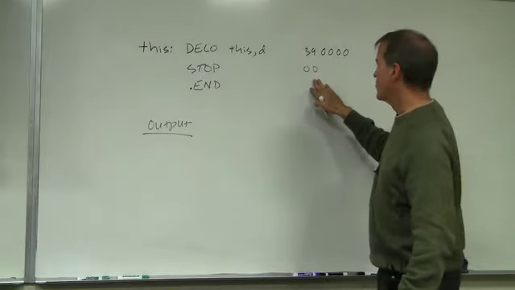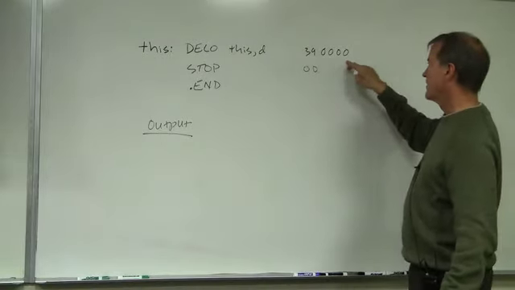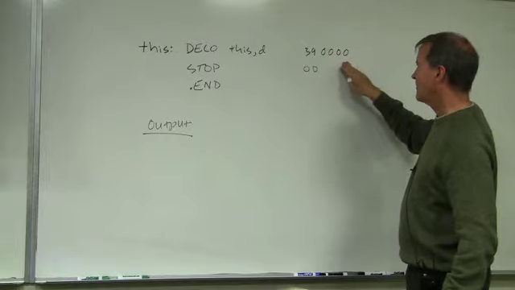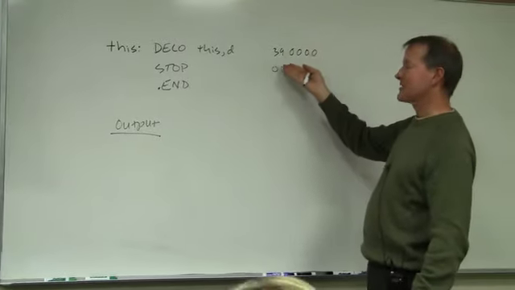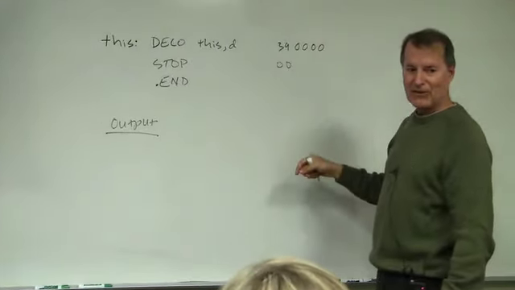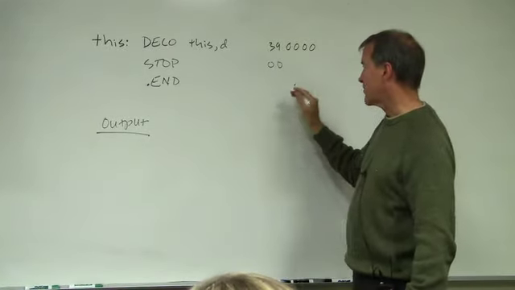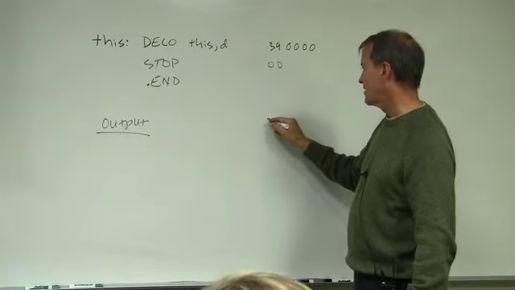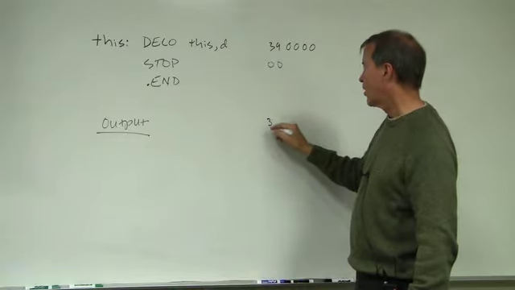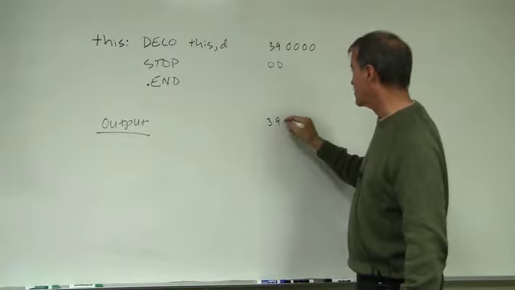So what would this do? This would do a decimal output from address 0000, which is a word. So what is the number that it will do the deso on? Oh, yeah, it's 3900.